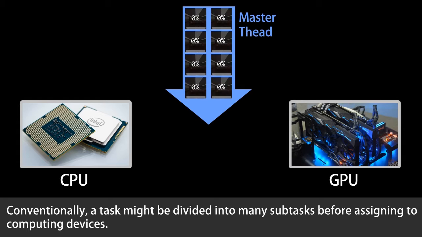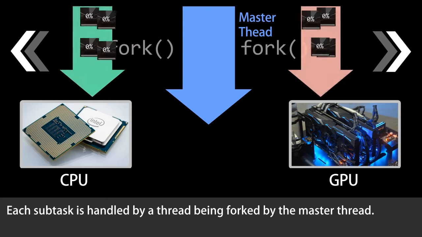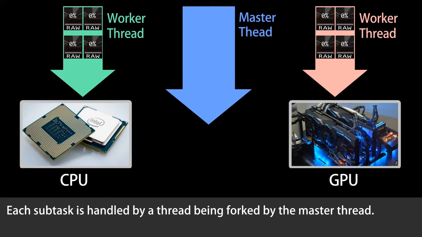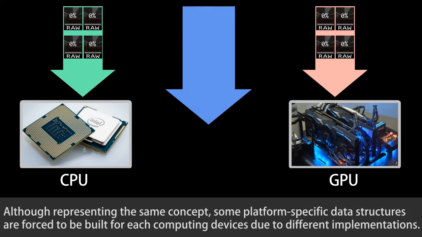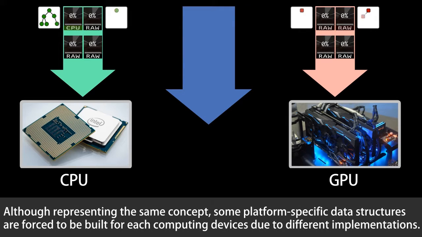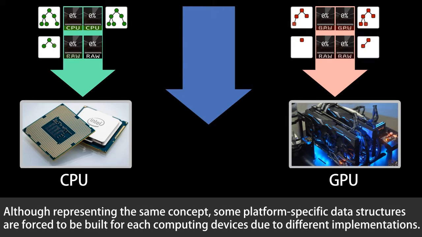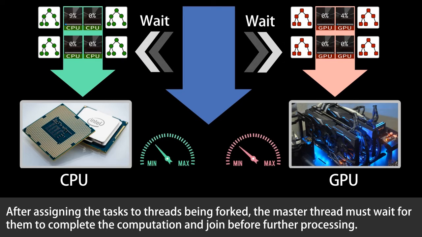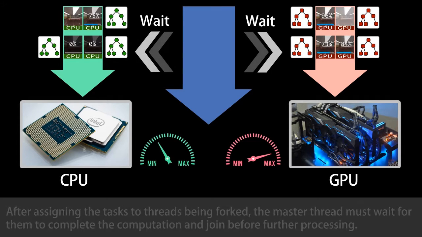Conventionally, a task might be divided into many subtasks before assigning to computing devices. Each subtask is handled by a thread forked by the master thread. Although representing the same concept, some platform-specific data structures are forced to be built for each computing device due to different implementations. After assigning the tasks to the forked threads, the master thread must wait for them to complete the computation and join before further processing.